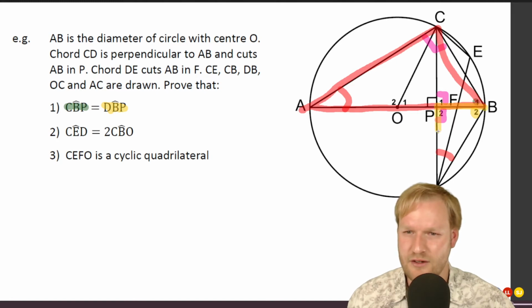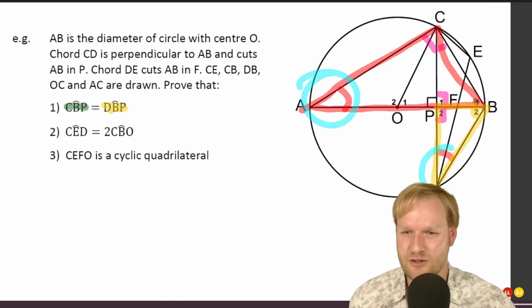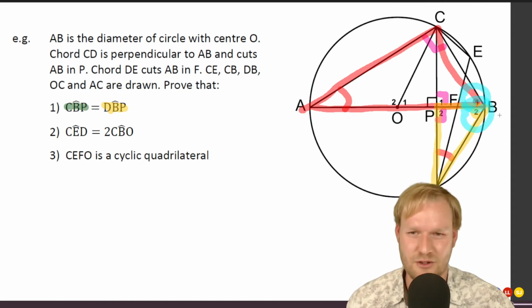So if we look in this triangle over here, I'm actually thinking of proving similar triangles here. So if we've got a 90 in the red triangle, which is up top here at C, and this P over here is 90, we know that angle A over here is equal to angle D, then the last angle in the triangle must be equal to each other.